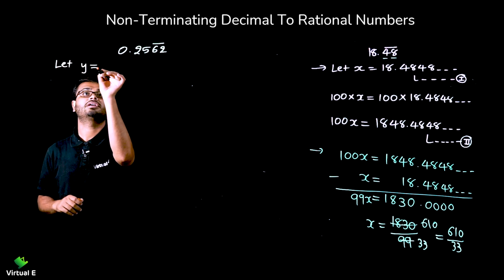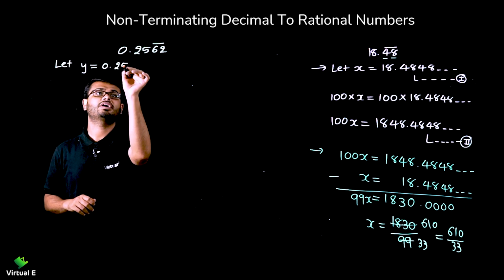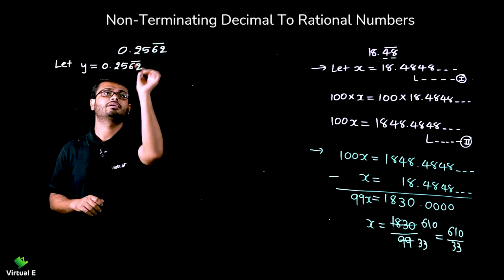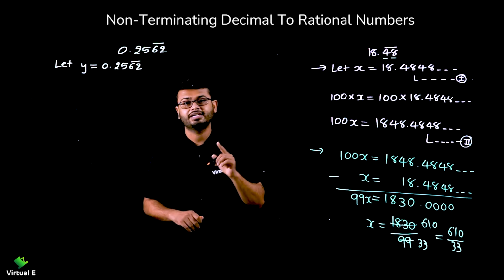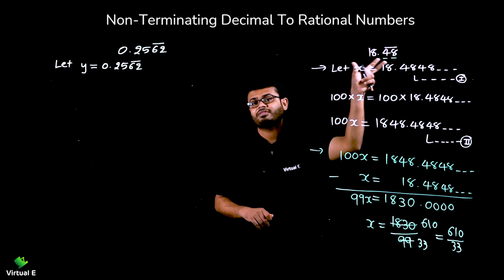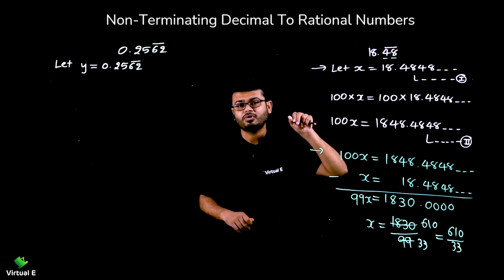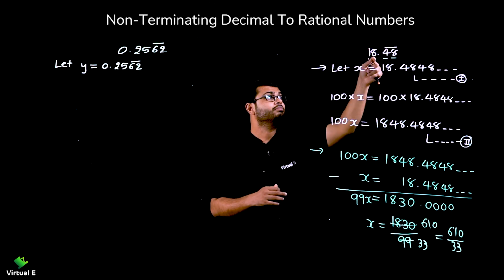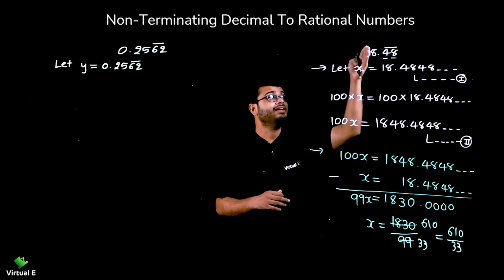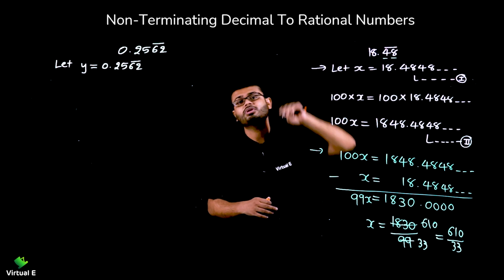Let y is equal to 0.2562 bar, right? And our first target is to achieve this kind of decimal expansion. This kind of means that whatever numbers are under the bar should be after the point only, and those without the bar should be before the point.